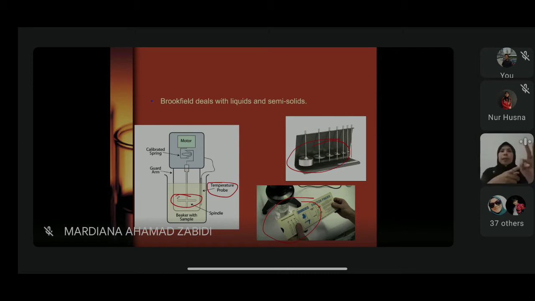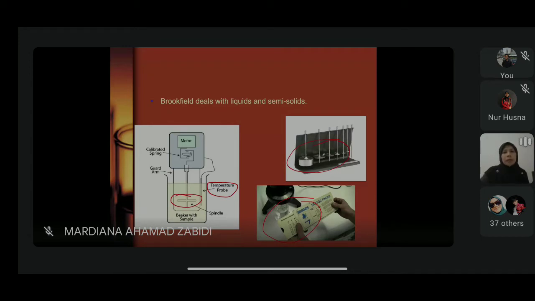What will be the spindle type that you are going to work with? Nampak dekat sebelah kanan you ni, atas ni, we have several spindles, and each spindle has a different thickness, different diameter. So in order for you to measure the viscosity of the product, it depends on the type of that particular spindle as well as the viscosity of your fluid.